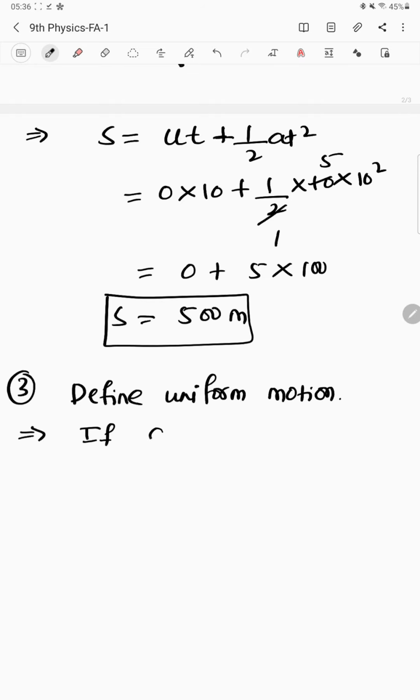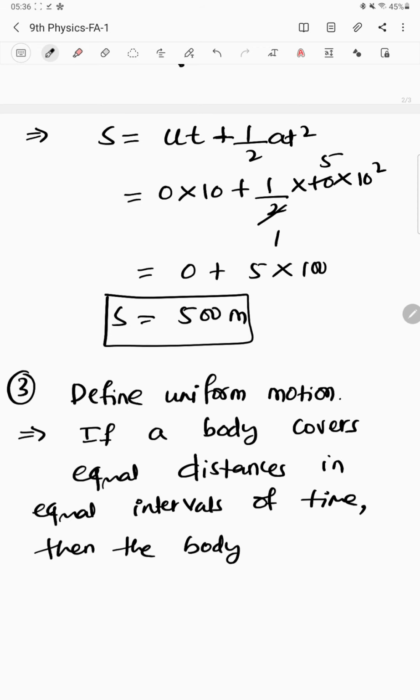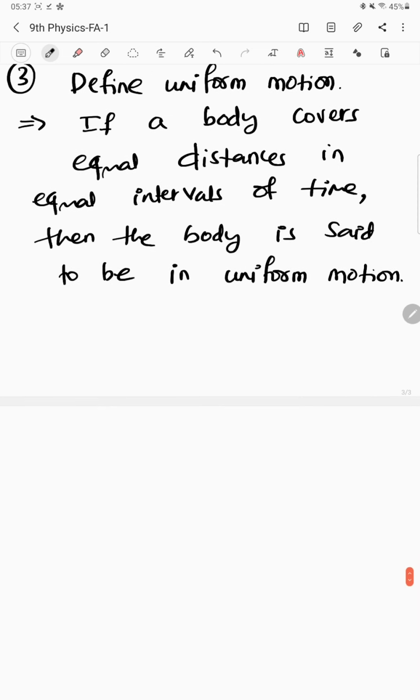If a body covers equal distances in equal intervals of time, then the body is said to be in uniform motion. All right, so this is the third question, quite simple.